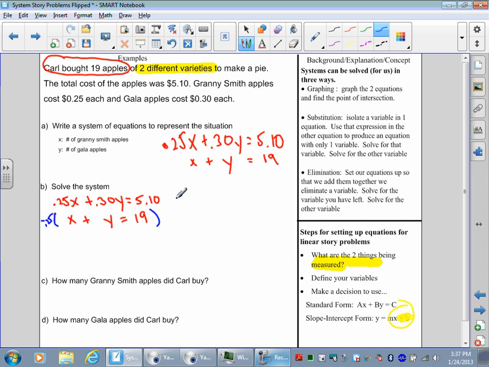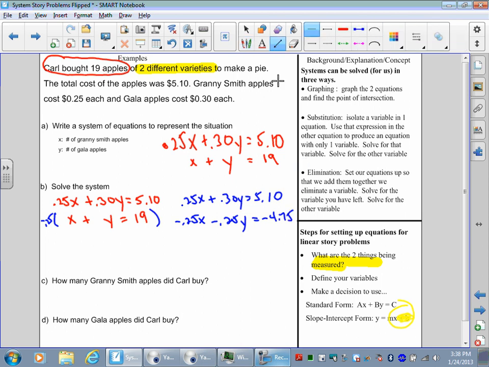Now, when I do that, the first equation stays the exact same way it was, and the second equation becomes negative 0.25x minus 0.25y. And now what is negative 0.25 times 19? Well, a positive times a negative is going to be a negative, and 0.25 times 19 is 4.75.